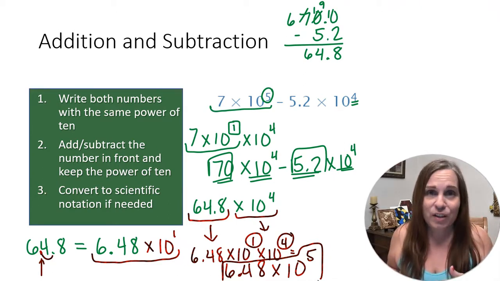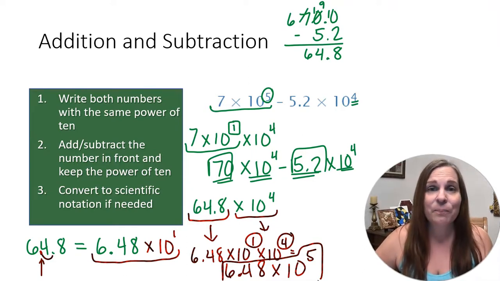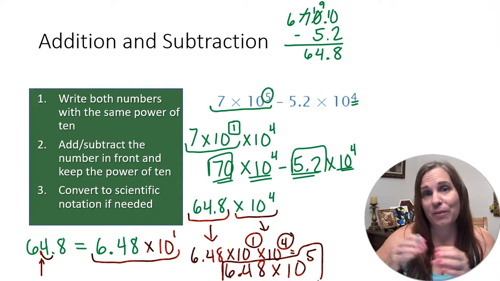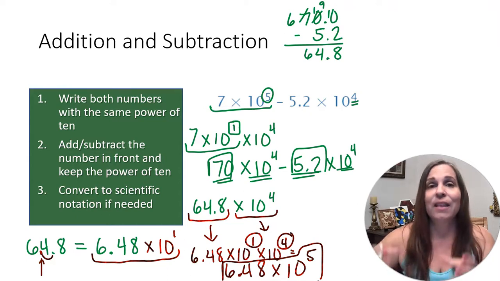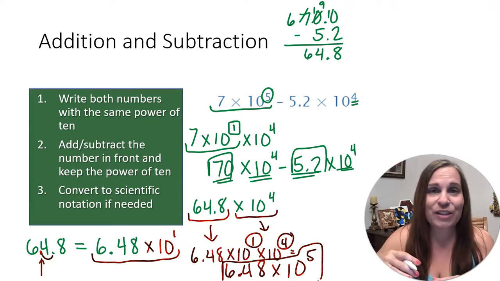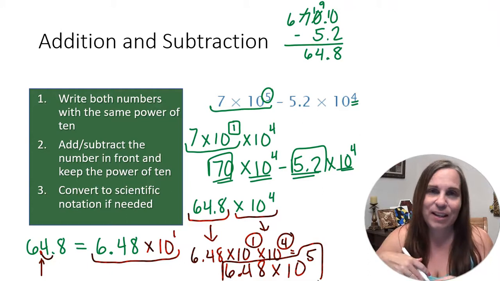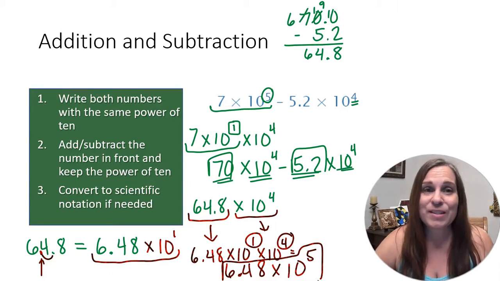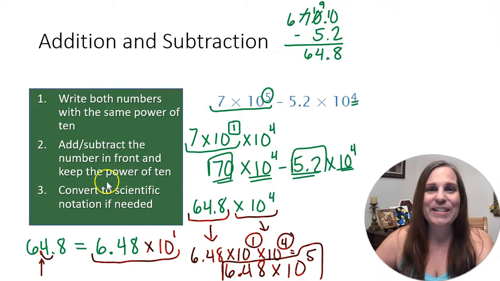Addition and subtraction, on the other hand, you have to have your powers of 10 be the same. So you're going to have to rewrite to get them in the same power of 10, then do the addition and subtraction, and then rewrite again to make sure your answer's in scientific notation. So this is a case where addition and subtraction is a little more work than multiplication and division.